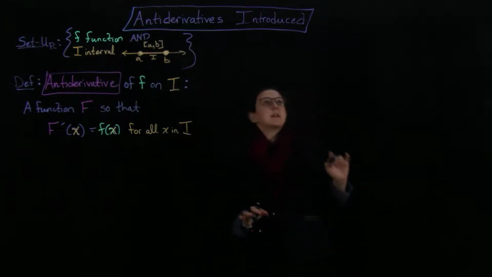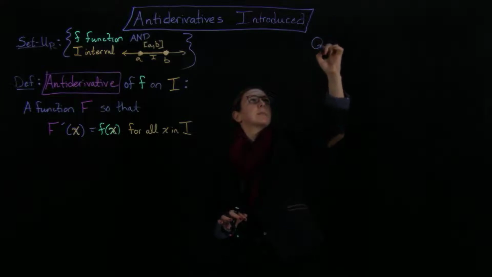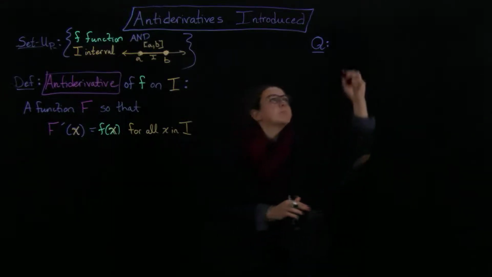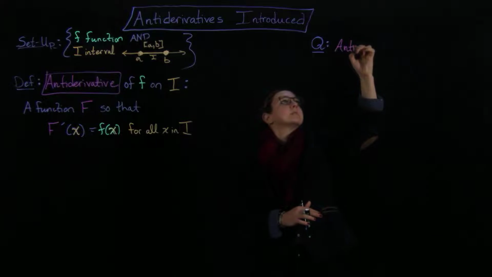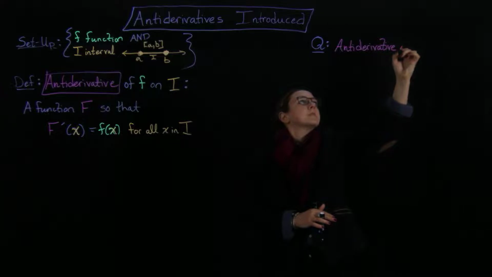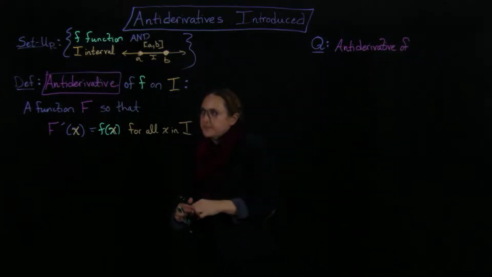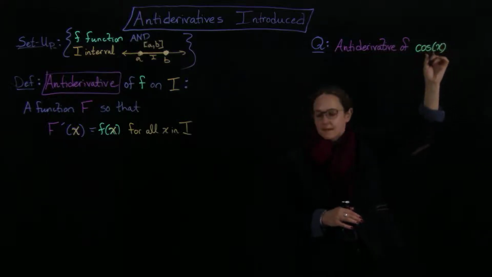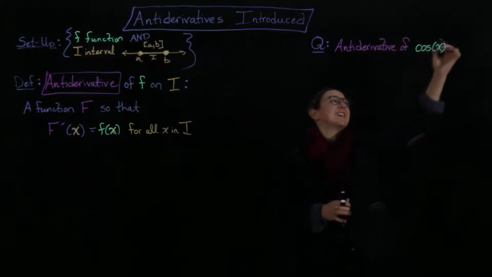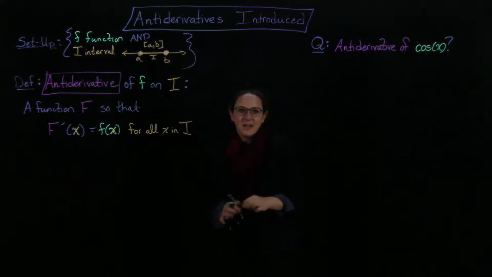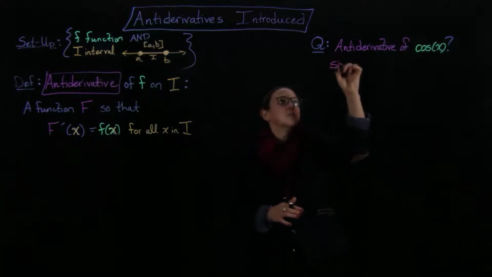So let's try the antiderivative. Here's one practice. I want to find the antiderivative of cosine of x. I want a function so that when I take its derivative, I get cosine of x. The first one that probably comes to your mind is sine of x, so that's an okay answer.